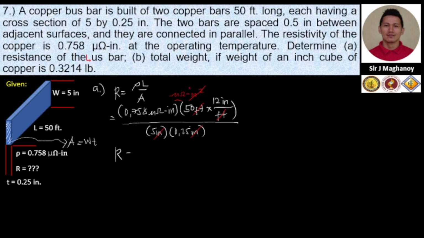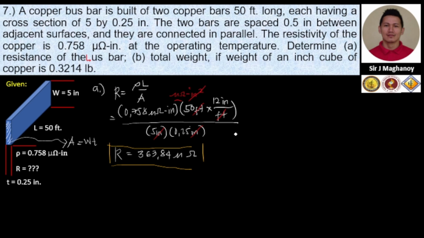Solving for R, we have 363.84 micro-ohms. So that is your answer for A. So that is the resistance of our copper bus bar.